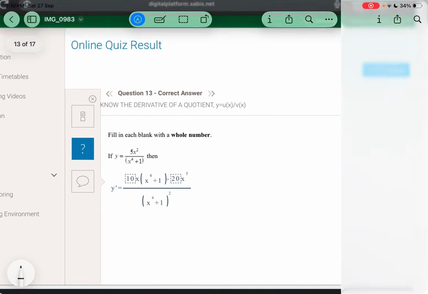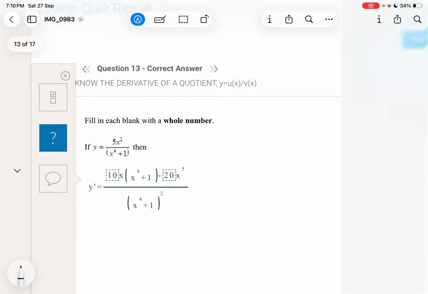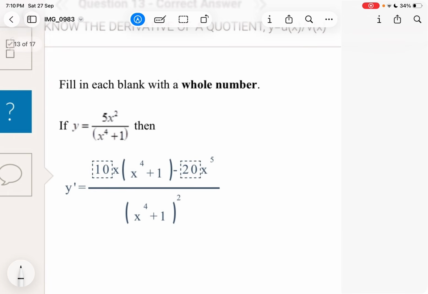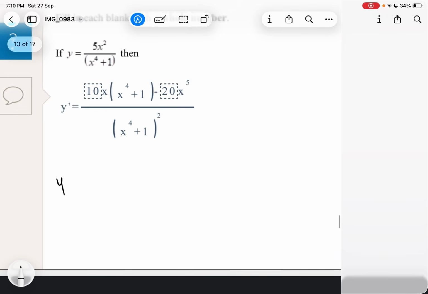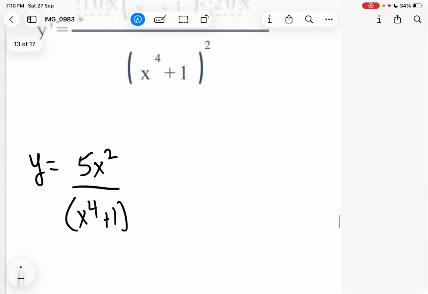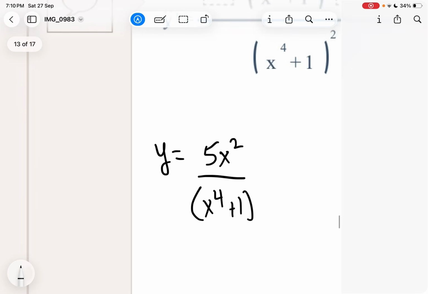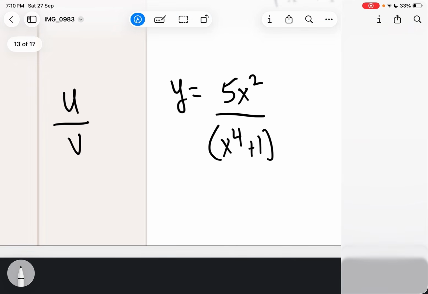Okay, question number 13. Let me just write it here again. y is equal to 5x squared over x^4 plus 1. So here you see it as u over v, which is equal, by the formula as we said before, to u prime v minus v prime u over v squared.